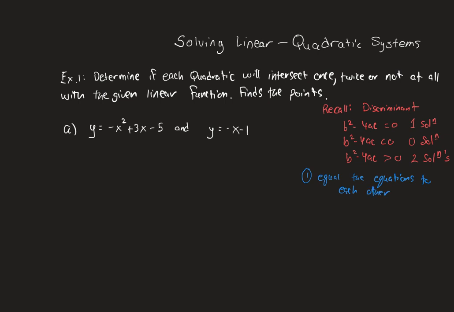Okay, so we're going to do that right here. So we're going to have negative x minus 1 is equal to negative x squared plus 3x minus 5.